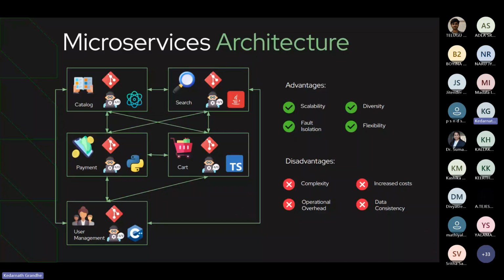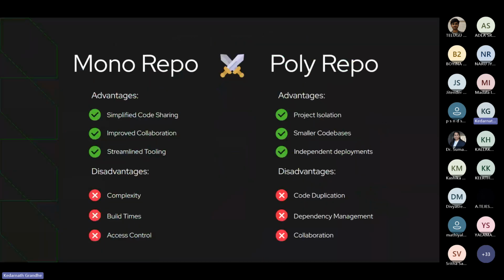Do you store catalog in its own Git repo, search in its own Git repo, or do you create a repo for the entire application, but have different folders for catalog, search, payment, cart, and user management? That is basically a monorepo. In a monorepo, you create a single repo for your application, like shopping cart, and then you have different folders for each feature you are adding into the application.